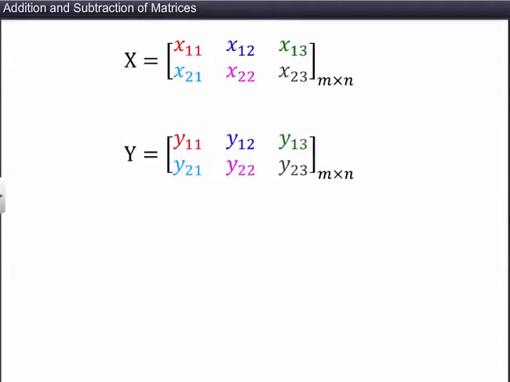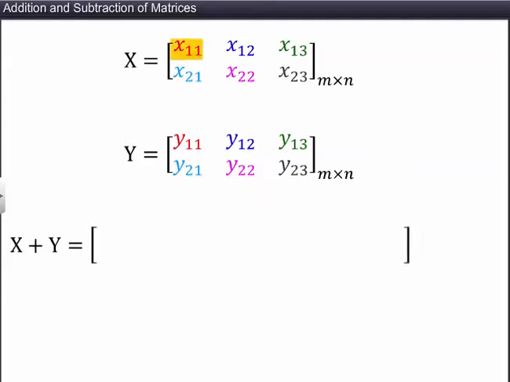We have two matrices, X and Y of the same order. If we are performing the addition operation on X and Y, it means that we are adding the elements of X to the corresponding elements of Y. Let's see how it's done.